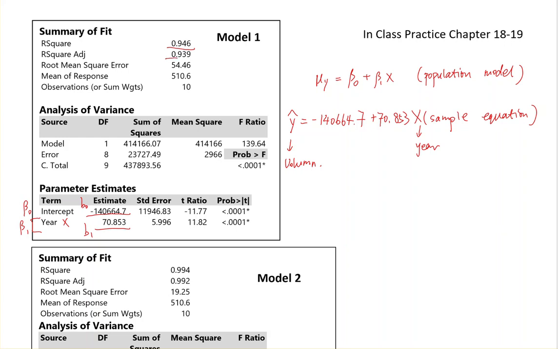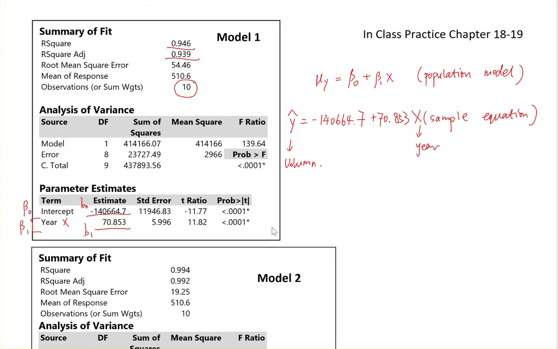The adjusted R squared is 0.939. We can use this adjusted R squared to compare if we have a second model for the credit card volume. And then we have the root mean square error. We have a total of 10 observations because we recorded 10 years. Okay, so this is our Model 1.